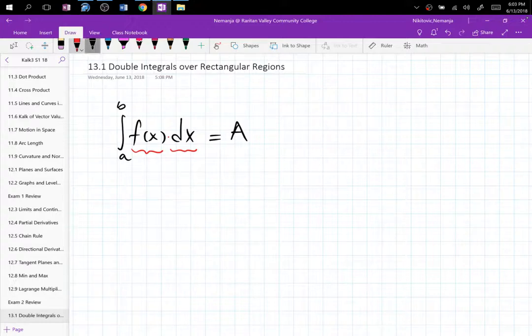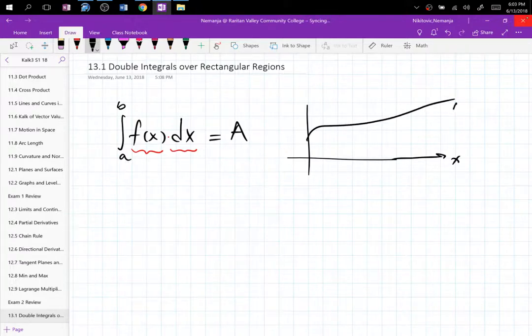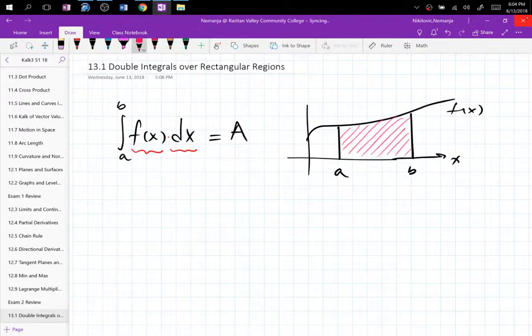Now, if you are trying to understand this and what it means, you are going to have some function f of x, and then you will focus on the area between a and b, and that area will be computed by the integral that we have.